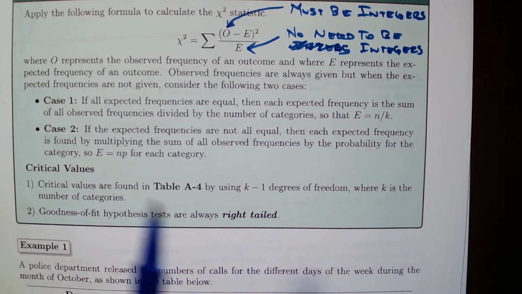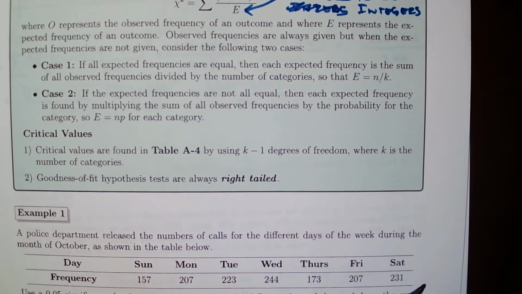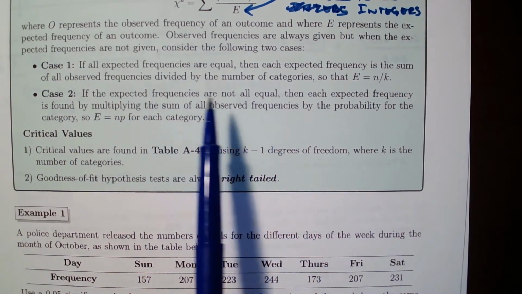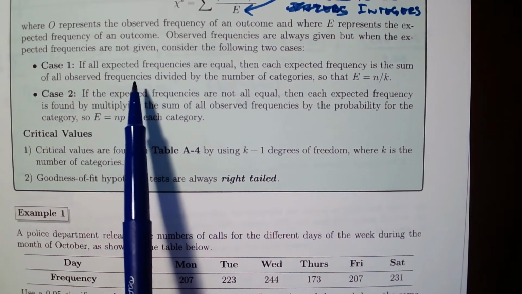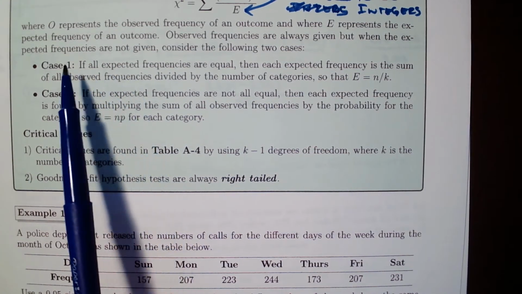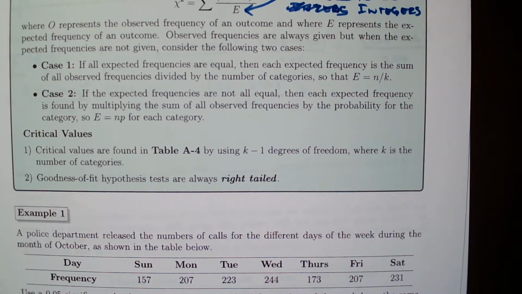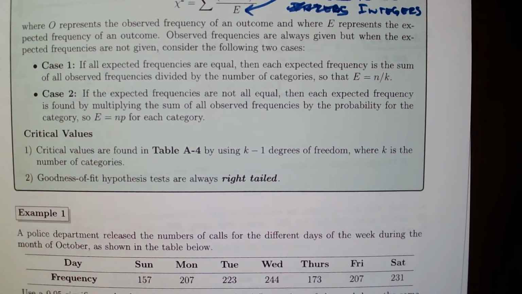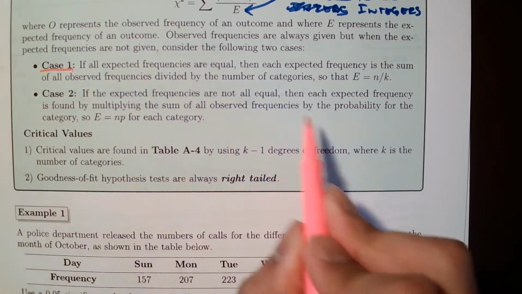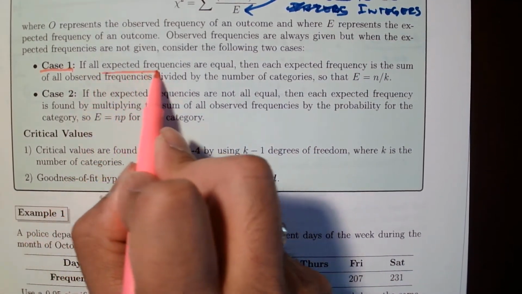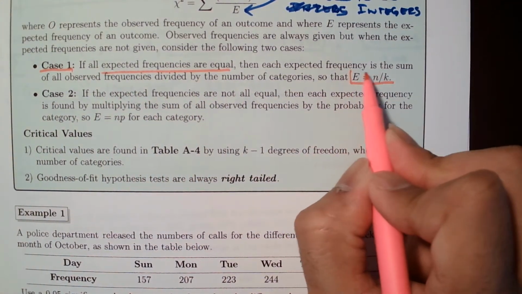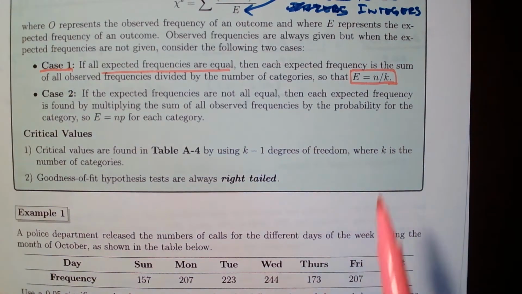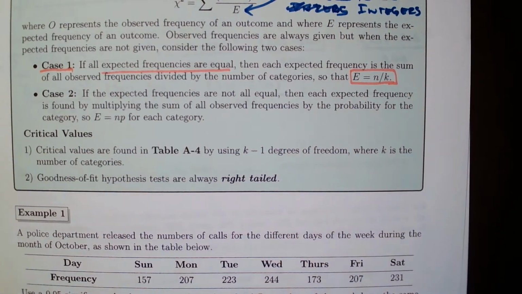There are two cases to obtain the expected frequencies. In case 1, if all expected frequencies are equal, then each expected frequency is the sum of all the observed frequencies, n, the total number of observations, divided by k, the number of categories.